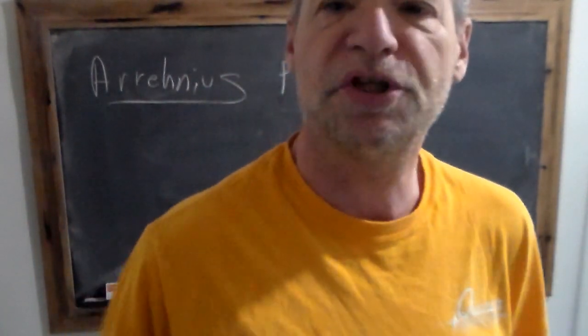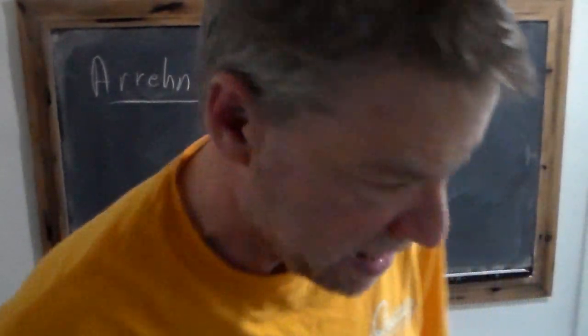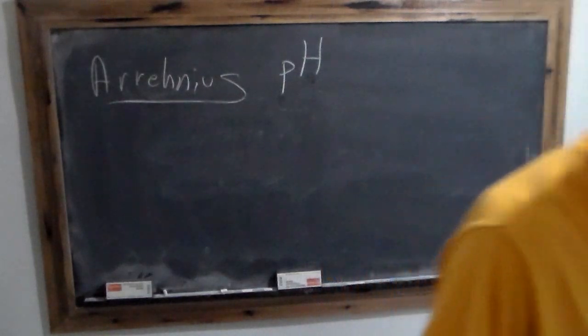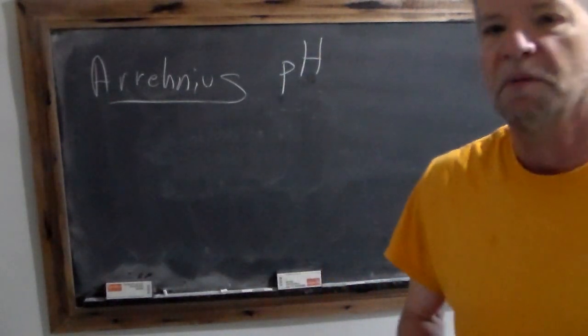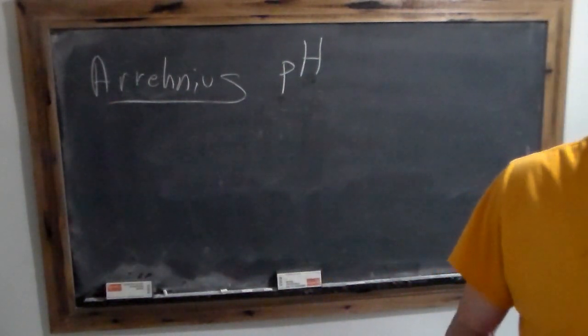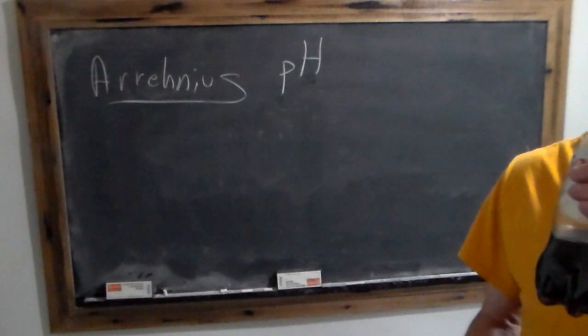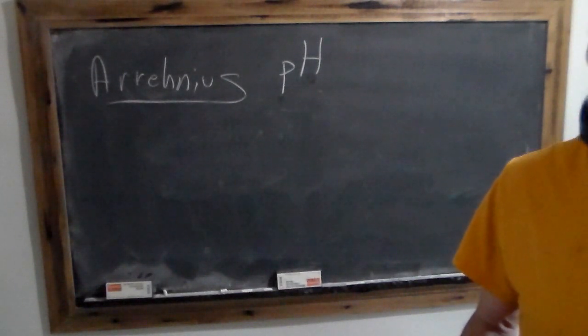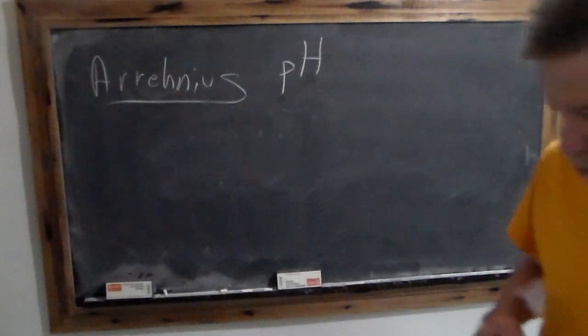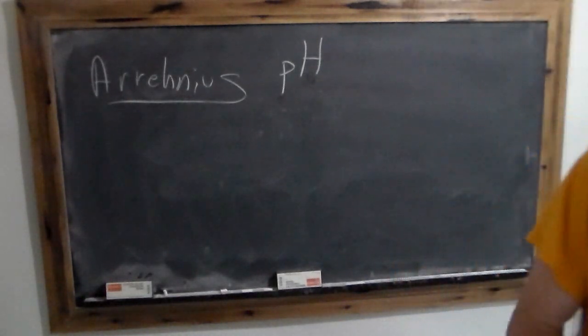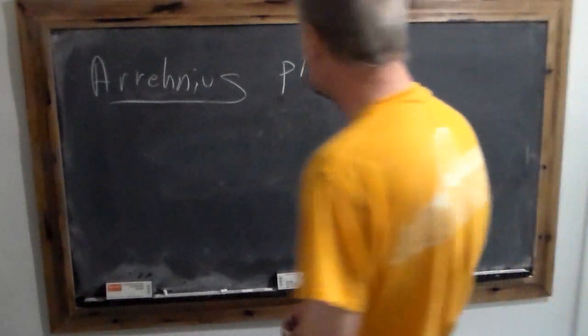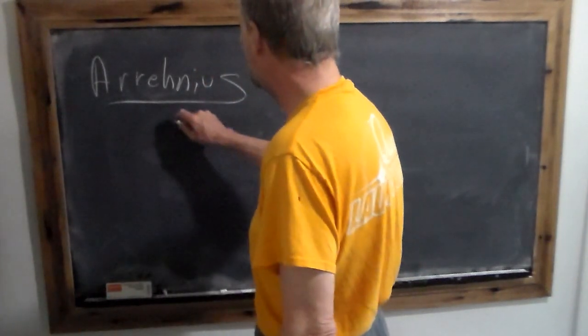There are at least 2 additional definitions, and I know there's more than that if you get into really high-level stuff. But this one is fine for our purposes today because the Arrhenius, which is the original definition of acids and bases, the Arrhenius definition is based on the auto-dissociation of water.